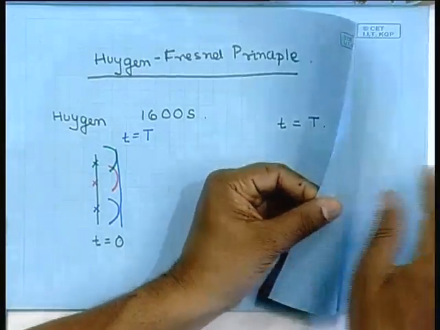Now, the Huygens principle, as originally stated by Huygens in 1600s, does not tell us anything about diffraction. It allows us to follow the propagation of the wave front in a refracting medium, but it does not tell us anything about diffraction. This was generalized later by Fresnel in the 1800s.